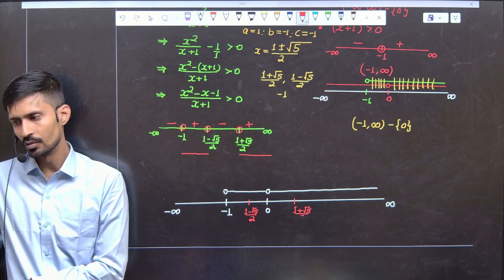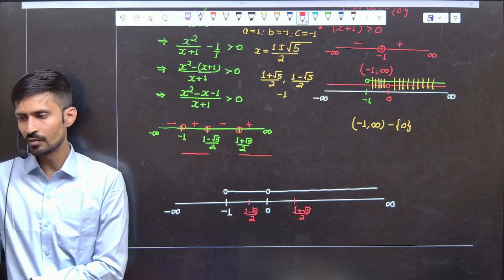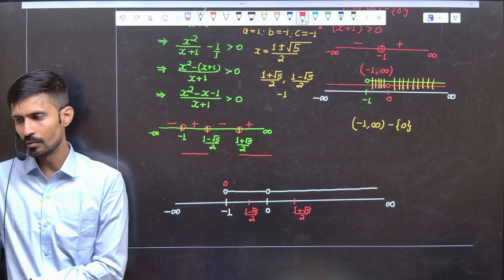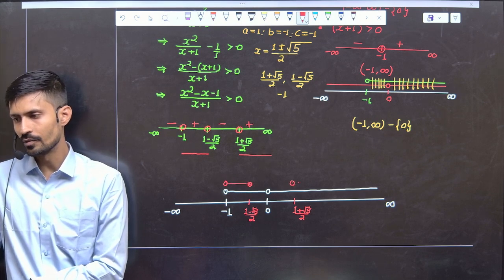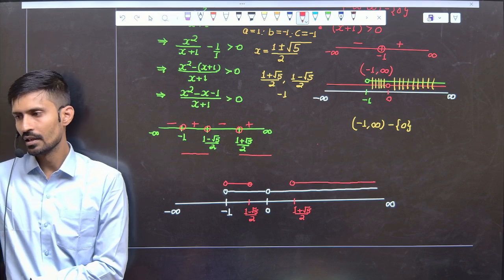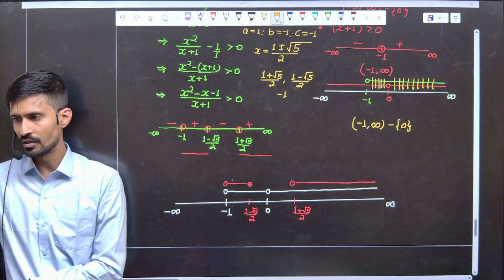And here I will write minus 1 to 1 minus root 5 by 2, open both. This I took here, and 1 plus root 5 by 2 to infinity, this I took here. And what is in intersection? These all things are in.